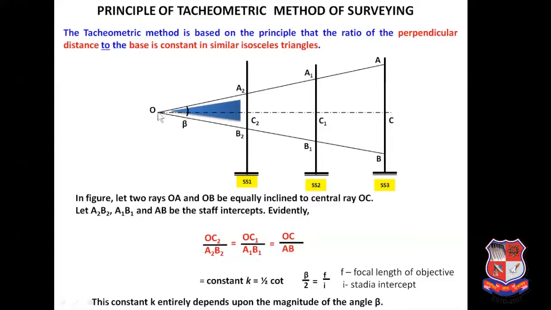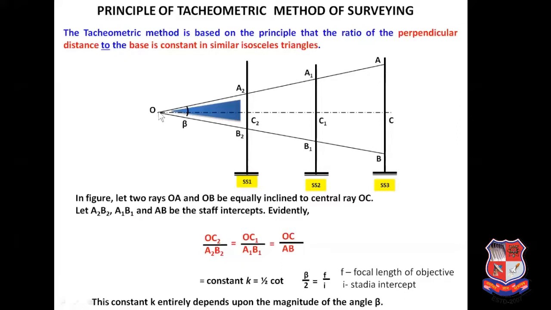So this ray OA is cutting the staff at station 1 at A2, staff station 2 at A1, and staff station 3 at A. In the same way, the ray OB is cutting the staff which is held vertically on staff station 1 at B2, staff station 2 at B1, and staff station 3 at B. Now we have to consider three isosceles triangles.